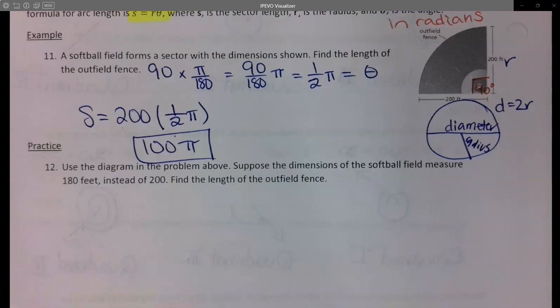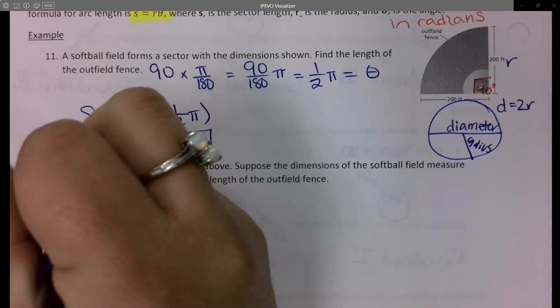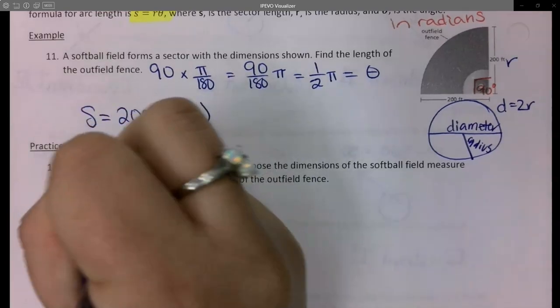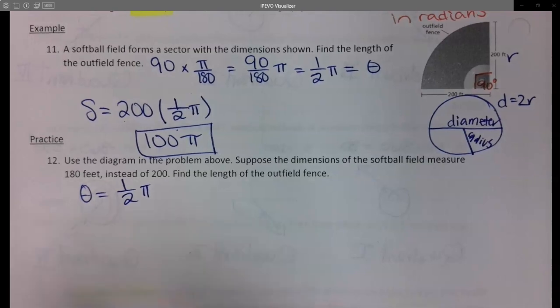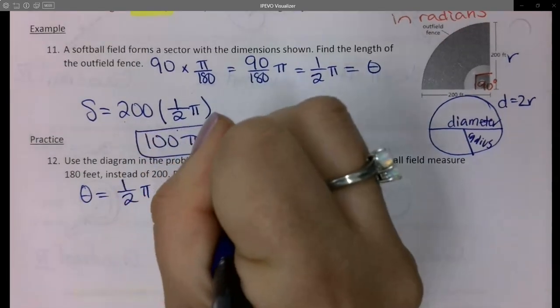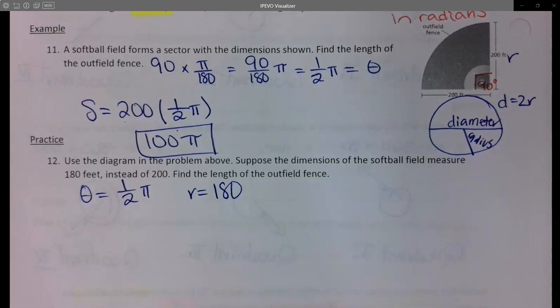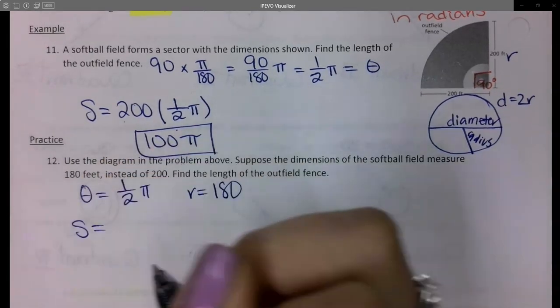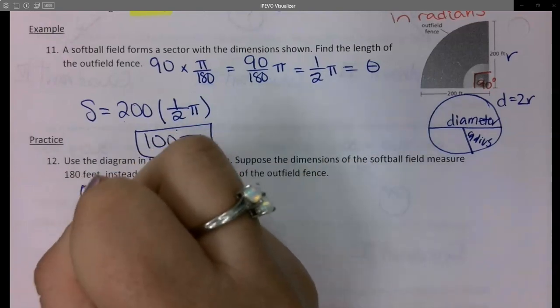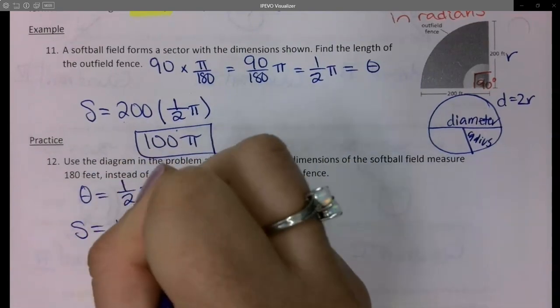Okay, so on number 12, it's the same picture as number 11, so that means it's the same angle. So my theta is, again, 1/2 pi. This time it tells me my radius is 180, and I need to find the length of the outfield fence. So I'm going to do S equals, my radius is 180, times 1/2 pi.